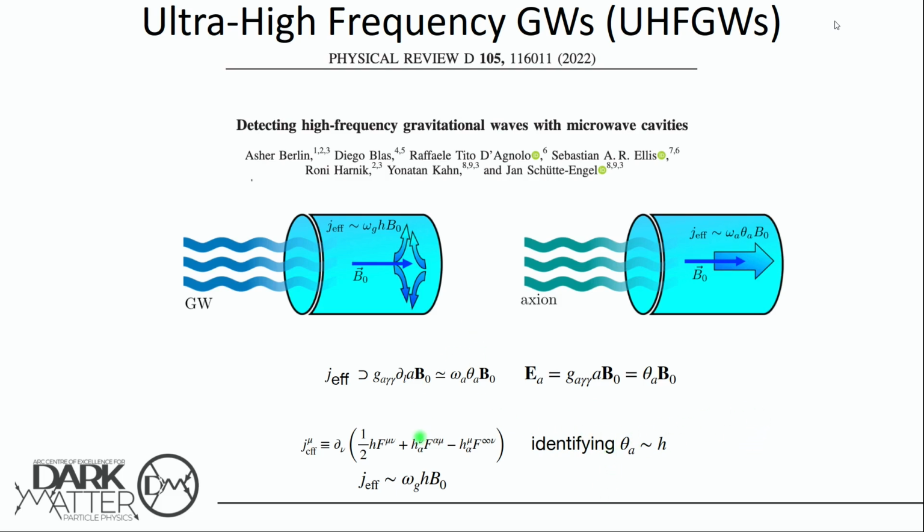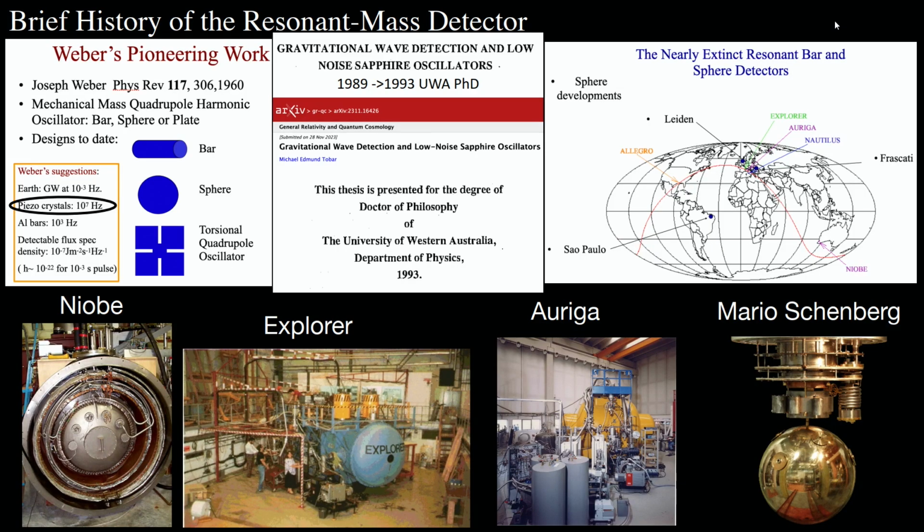So that caught my interest because I'd worked a lot on gravity waves, and I was working now on axions. So this I think is a really interesting thing that was discovered in the community by these authors.